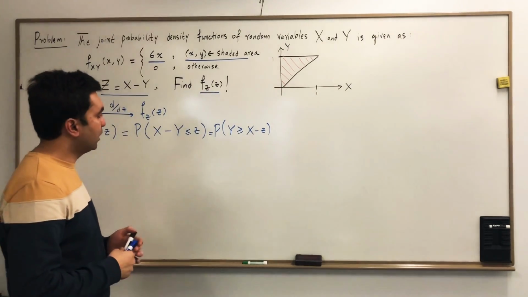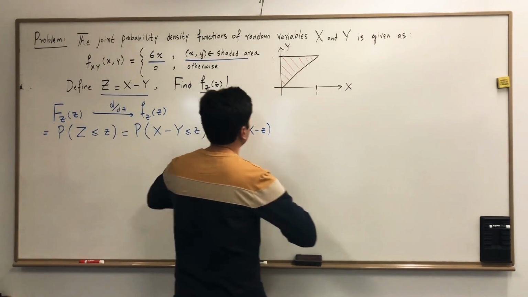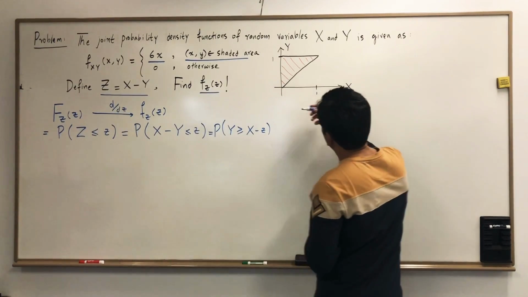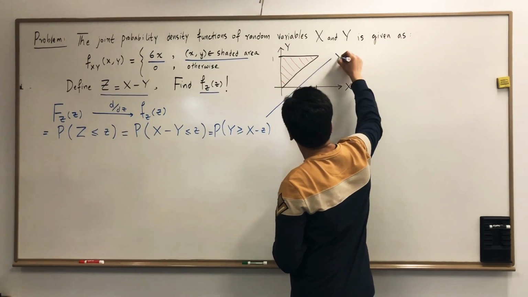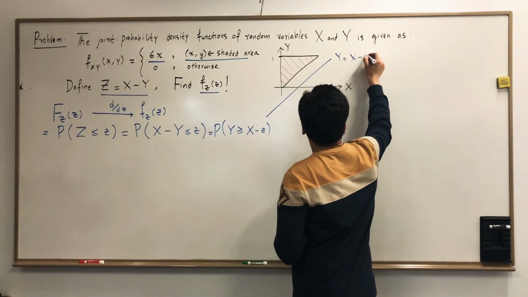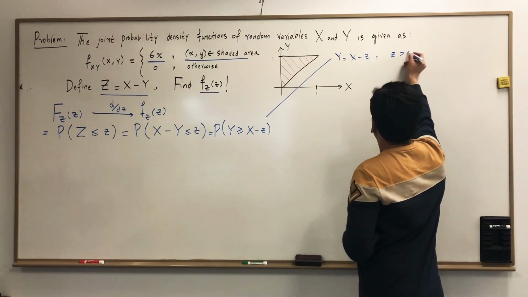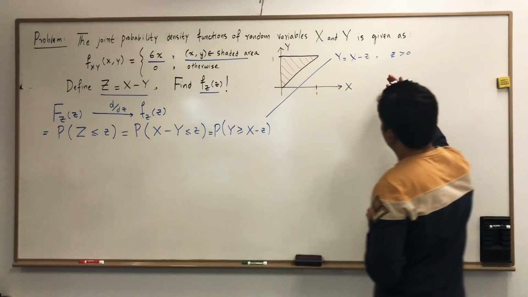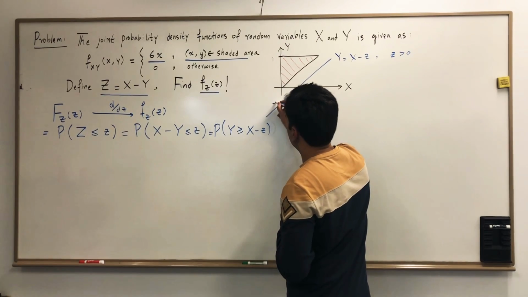So let's draw the line y equals x minus z and figure out where y is bigger than x minus z. So the line will look like this if z is positive. So the moment z is positive, the y-intercept becomes negative and we will have minus z here.